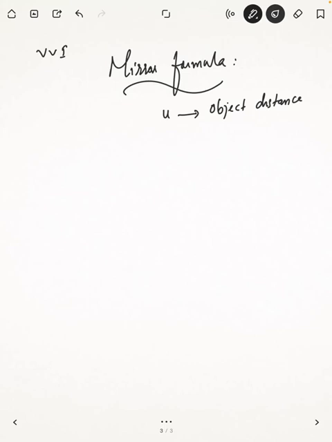That is called object distance. It is represented by the letter U. V is the image distance, that is the distance of the image from the pole of the mirror. Next is F, small f, which is called focal length.